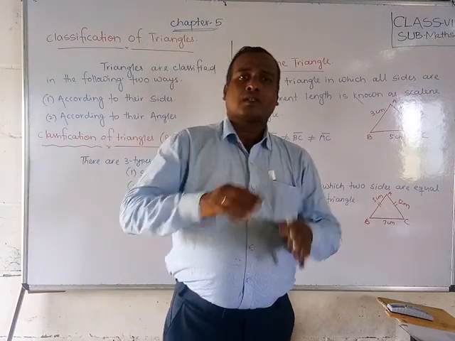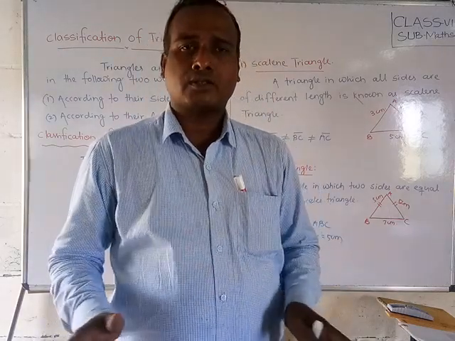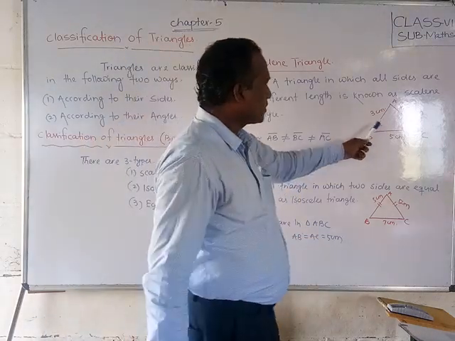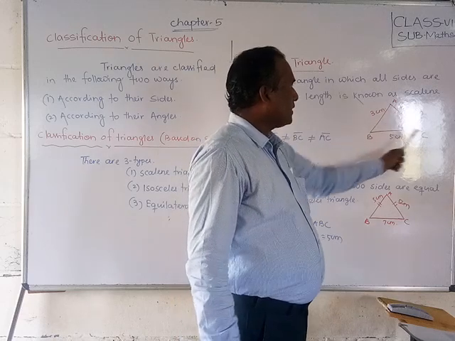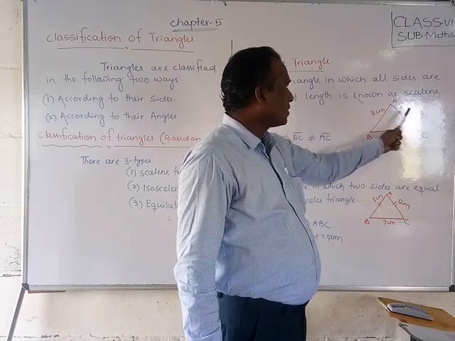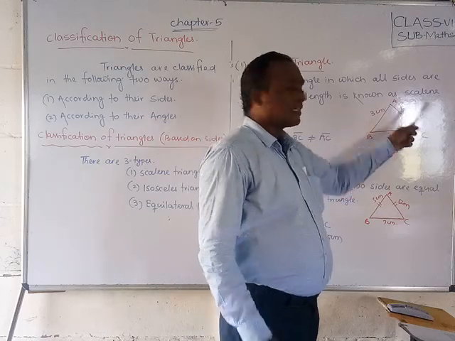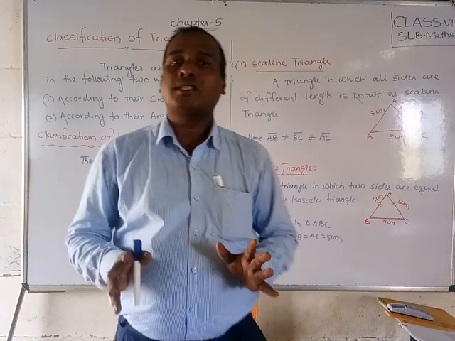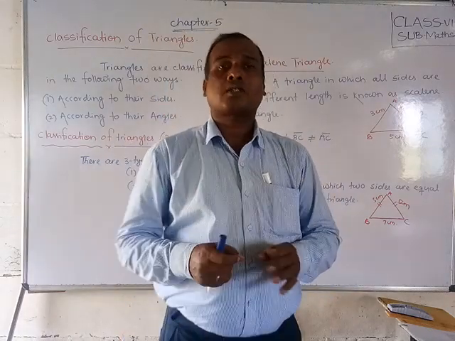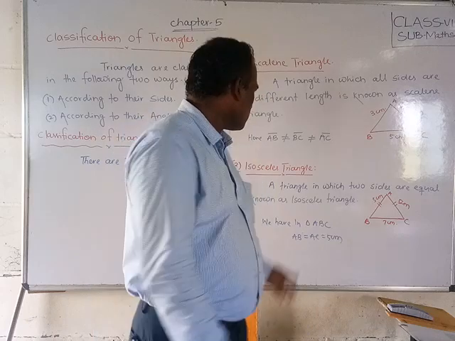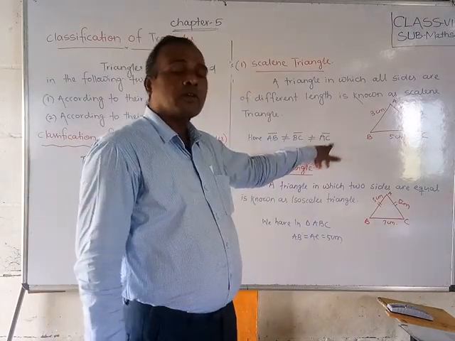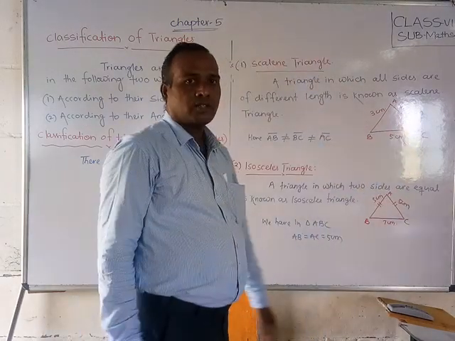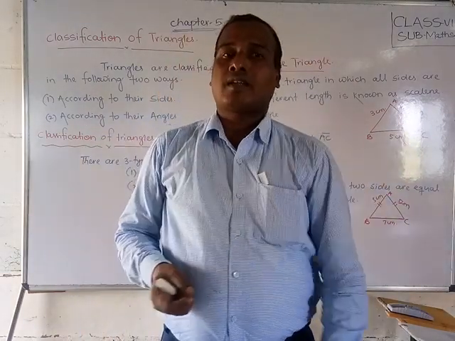That means the three sides have different lengths, and no two sides are equal. So that is called a scalene triangle. AB is not equal to BC is not equal to AC, that means 3 cm, 4 cm, 5 cm. If you find triangles like this, we can say it is a scalene triangle.